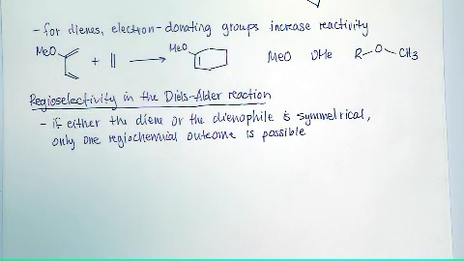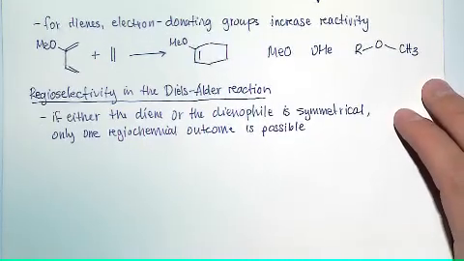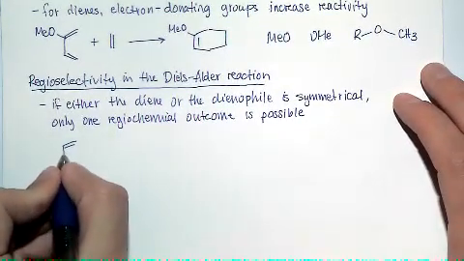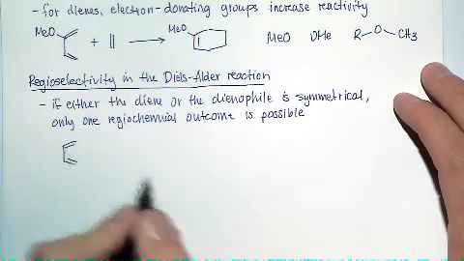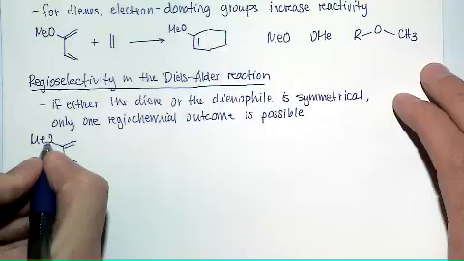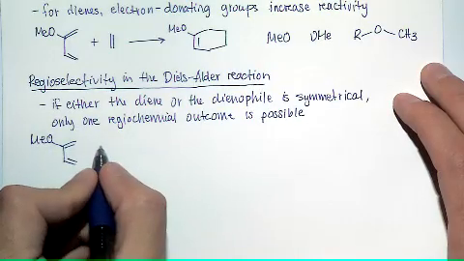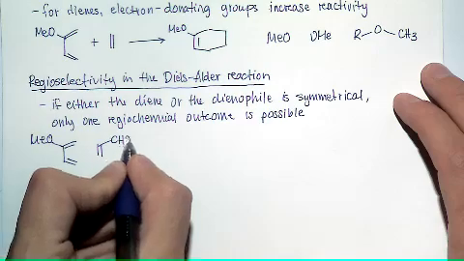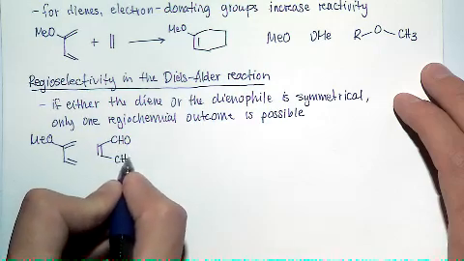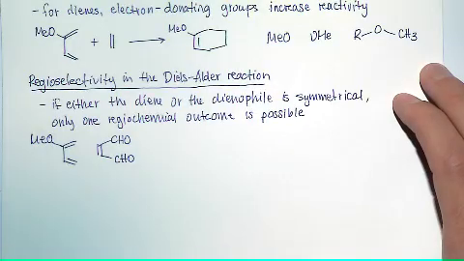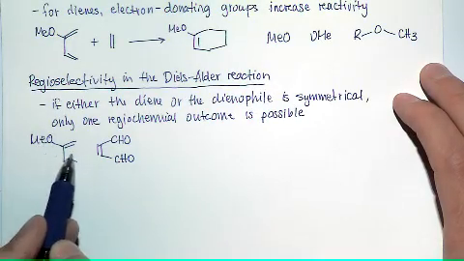So that means that if we take that molecule and react it with this one, the diene with the methoxy group is not symmetrical.